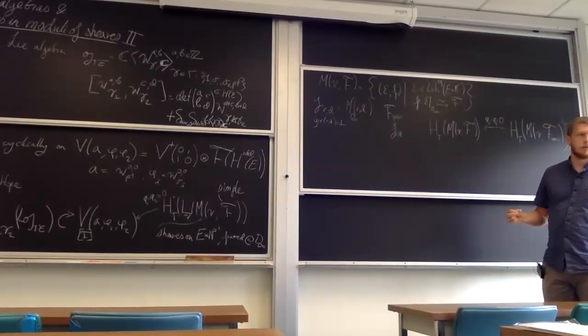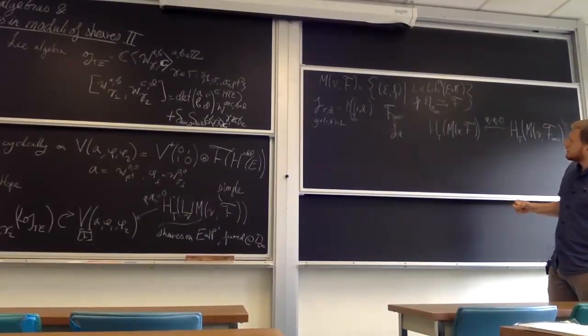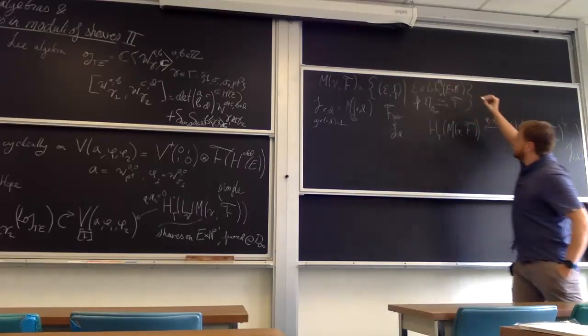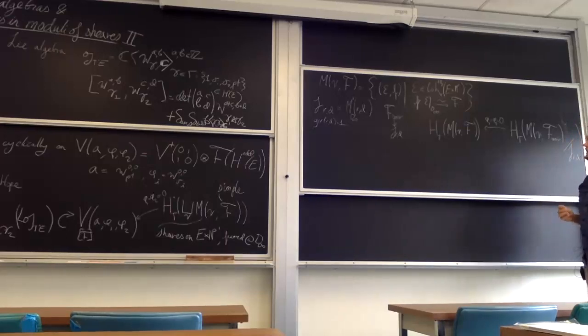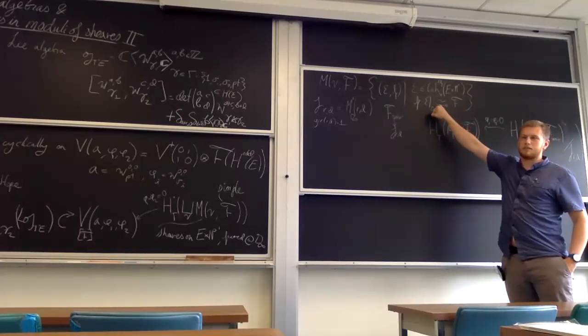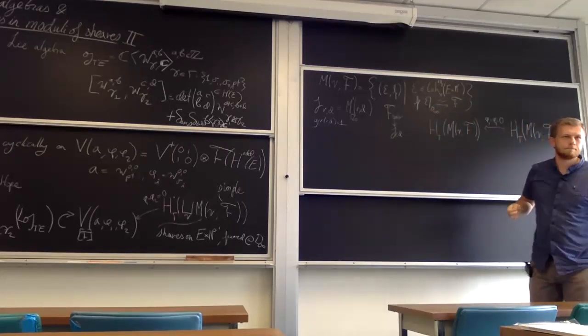They're torsion-free sheaves whose discrete data, the Chern character, is determined by V. And only some V are going to be compatible with this framing. So this has to be an isomorphism, which specifies its rank and its degree along the P1 factor.